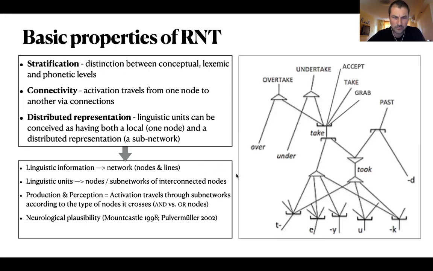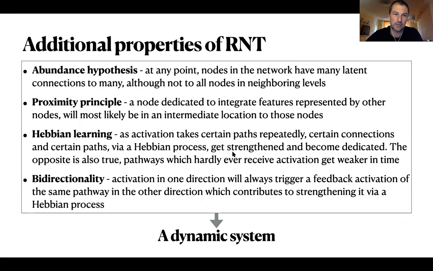Now, without going into too many details, although it's not as famous as other models, it is well developed and presented in Lamb and some others. I would just mention that most elements of the model have neural correlates, so there is a high degree of neurological plausibility to this model.